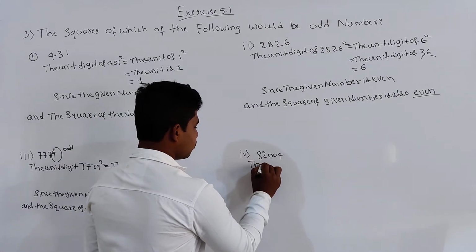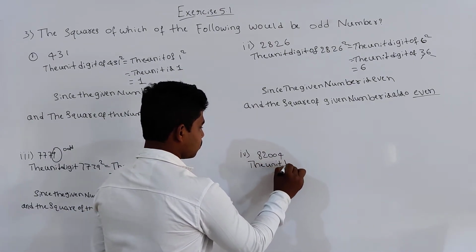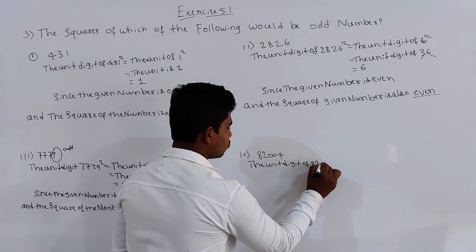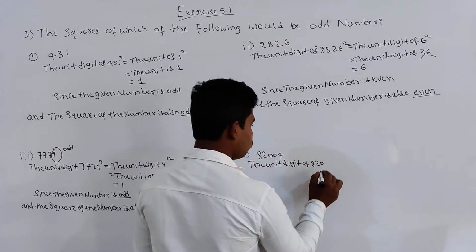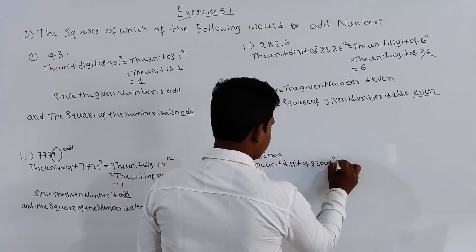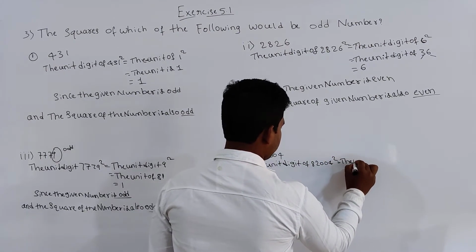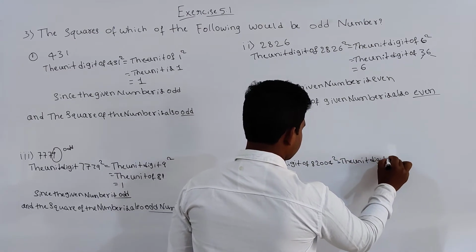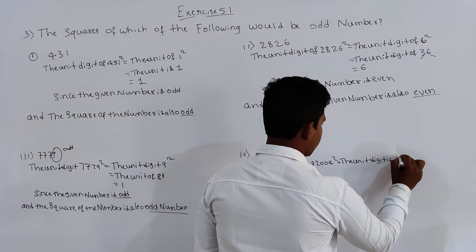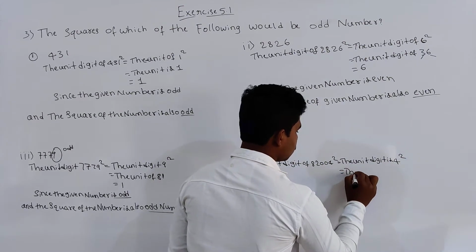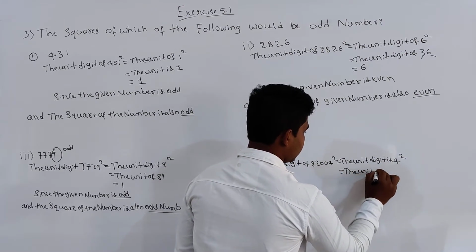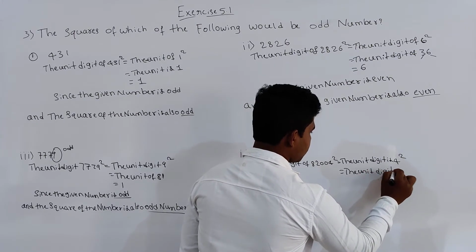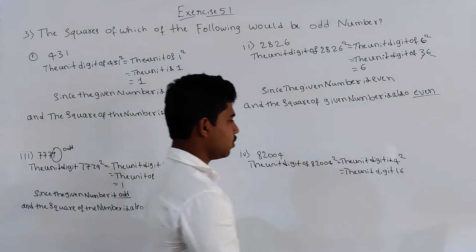The unit digit of 28,004 square is the unit digit of 4 square. 4 into 4 will get 16.